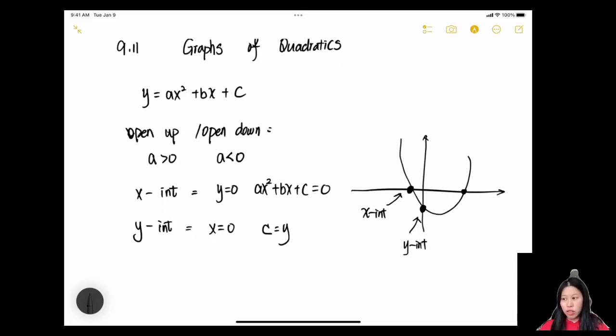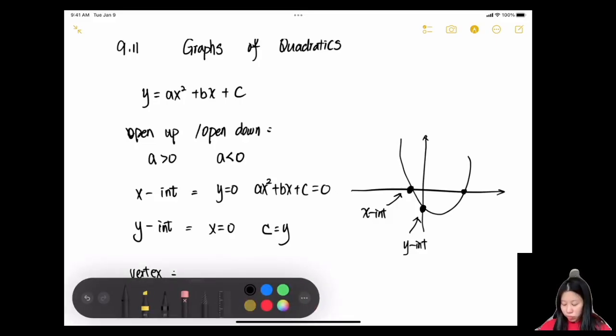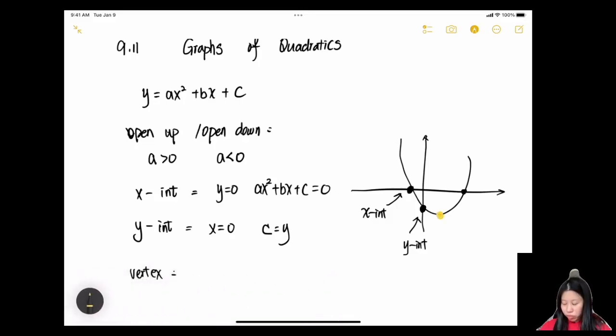So next you need to find the vertex. How do you find the vertex? So the vertex is here. That is when x equals negative b over 2a. And then you substitute negative b over 2a into the function to find the y-coordinate.